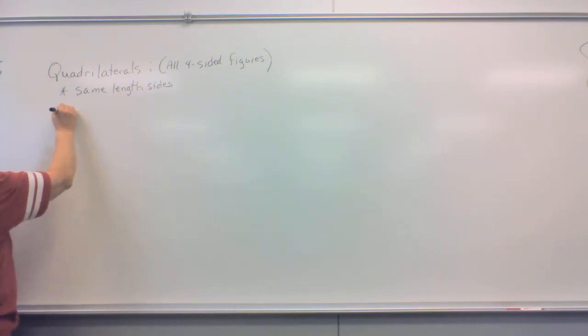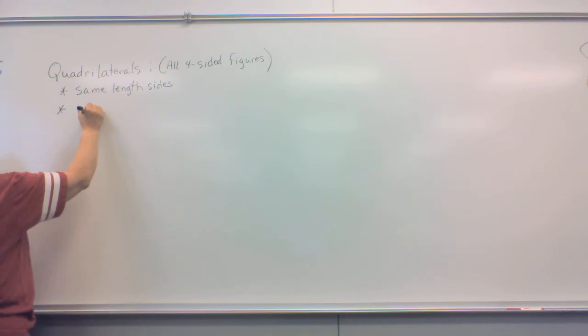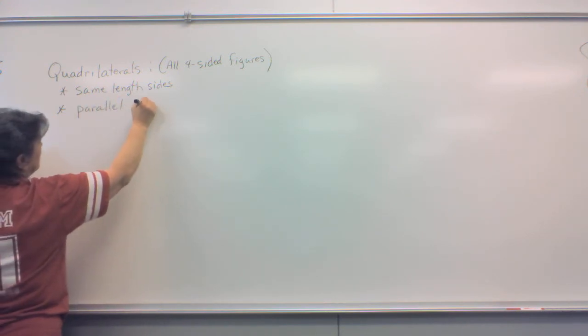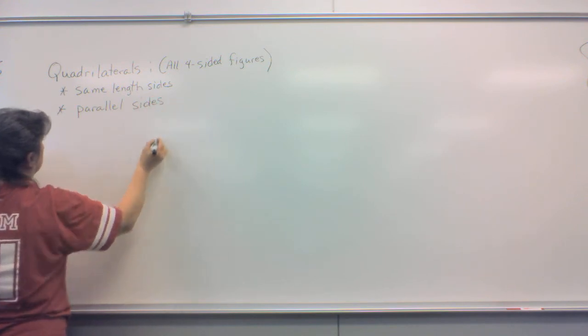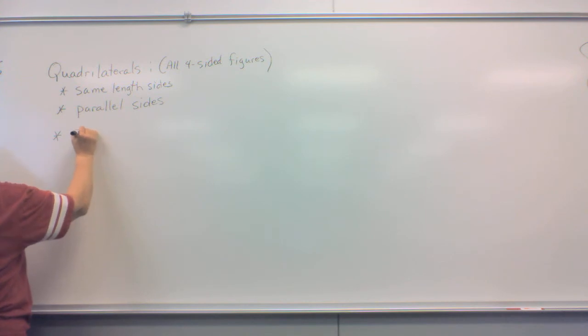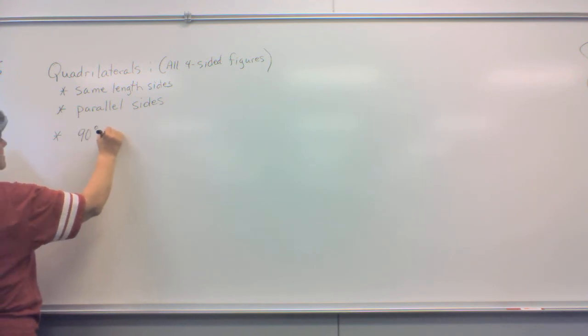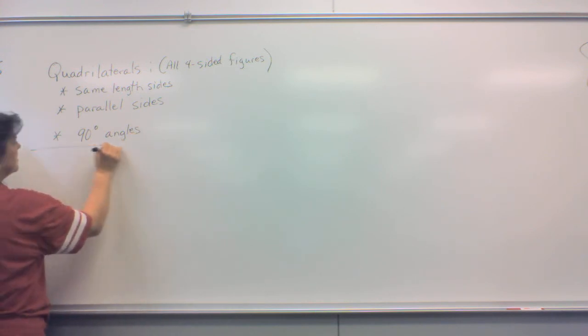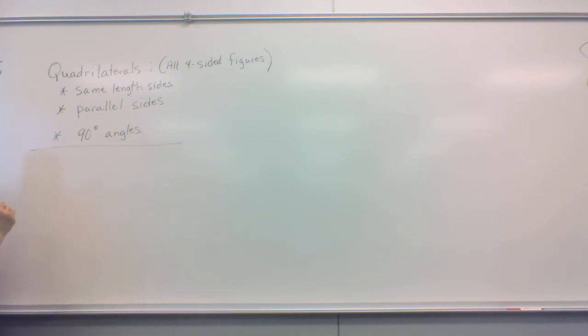What's another determining factor? Parallel sides. In other words, like railroad tracks, opposite sides would be parallel. And another determining factor is 90-degree angles. Okay, keeping that in mind, let's look at some names we have for these. Let's start first with the rectangle.